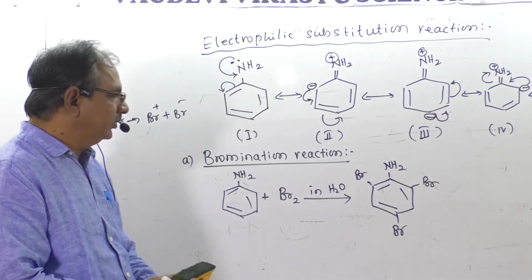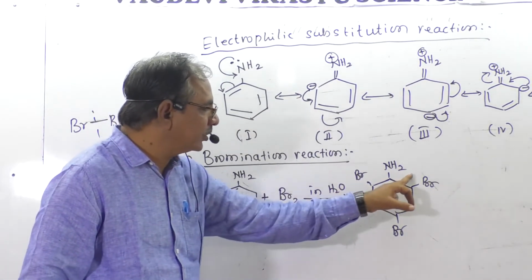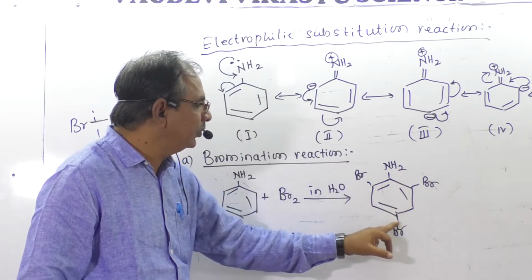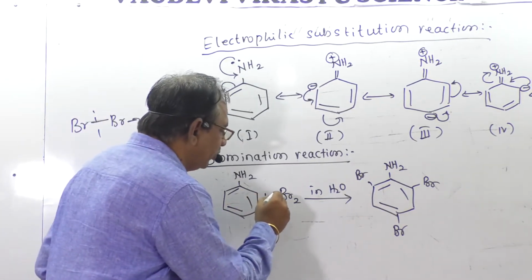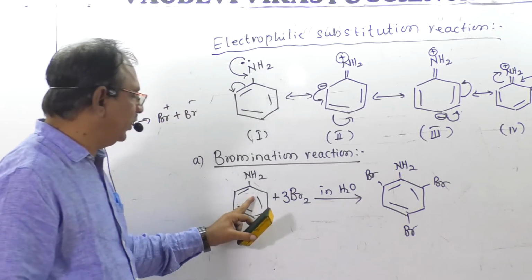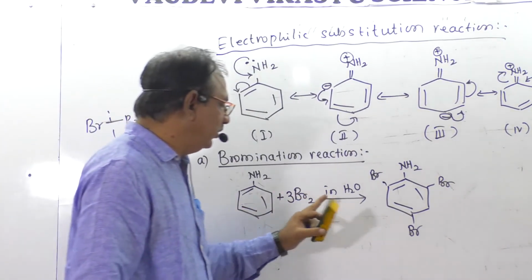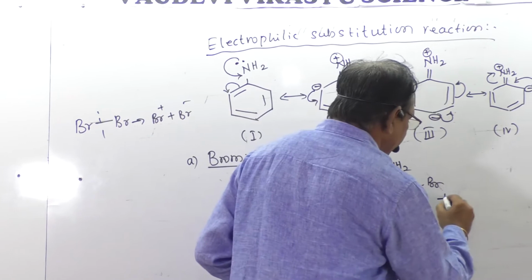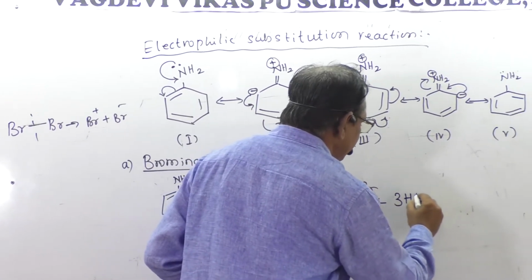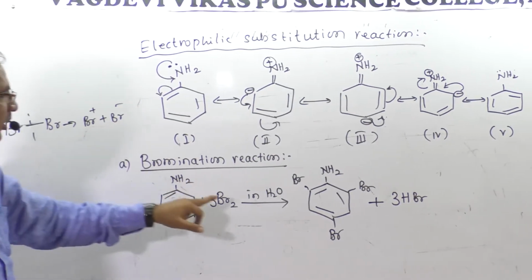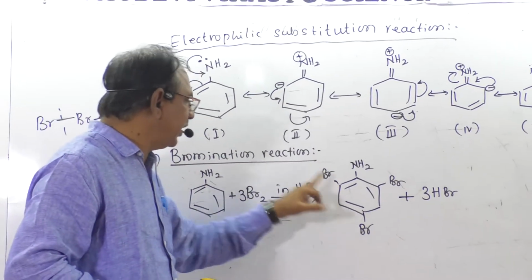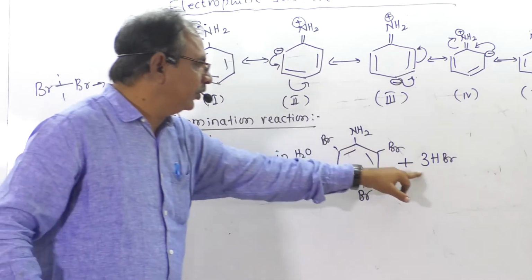So here, 3 bromine atoms are attached to all the 3 active positions in the benzene ring. That means 3 bromine molecules react with 1 aniline molecule in water to form 3 HBr. That means Br minus combines with the hydrogen atoms replaced by Br plus ion to form HBr.